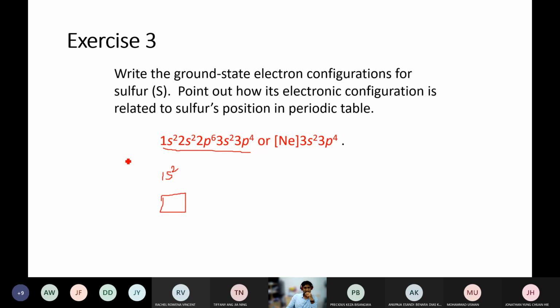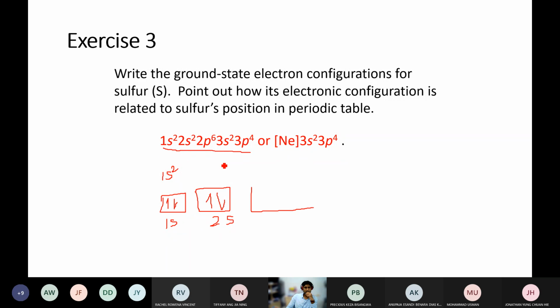So this is 1s, with opposite spins, and a maximum of two electrons can stay here. The same goes for 2s. This is 1s, this is 2s orbital, and there can be a maximum of 2 electrons here.